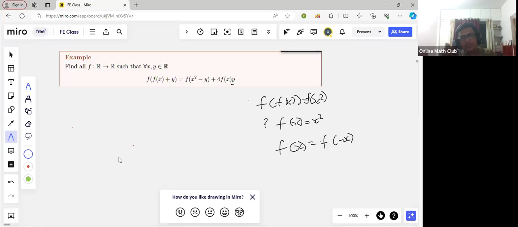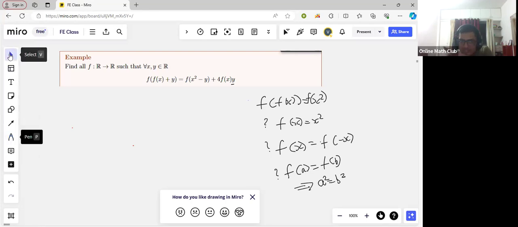We may be able to get some form of injectivity, like f of a equal to f of b implies something, but so far we have nothing like this. Proving injectivity directly does not help because it's not even true.